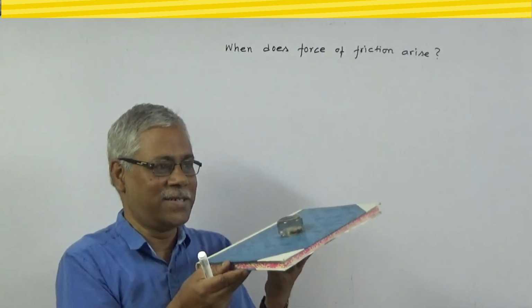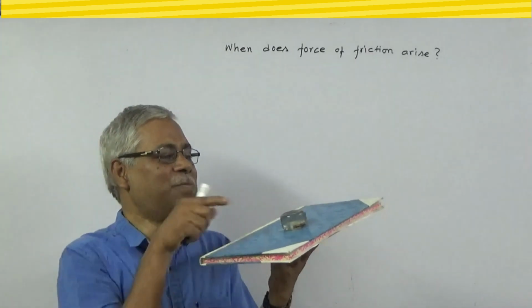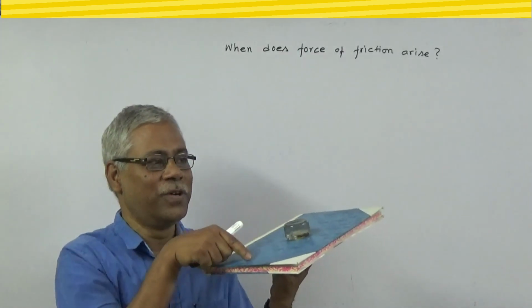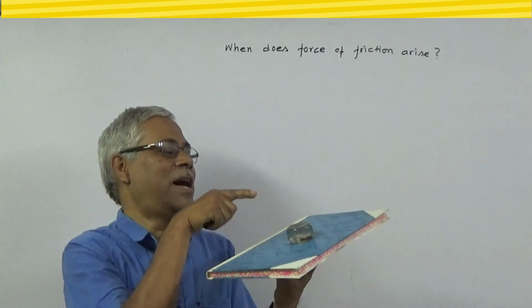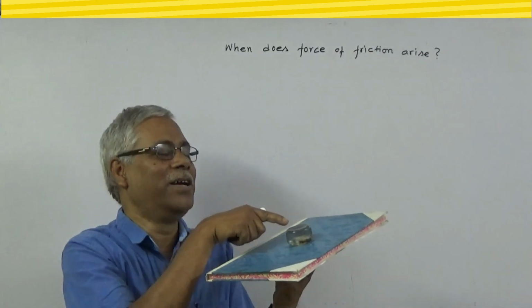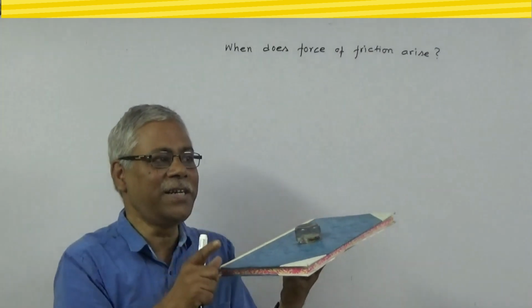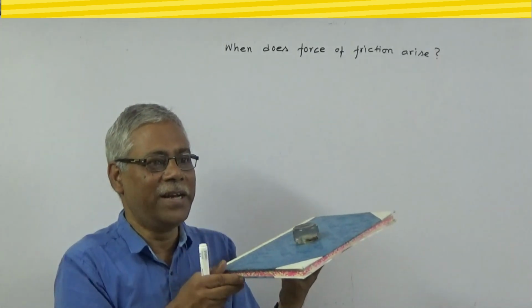As you find in this situation, this body has a tendency to move down the incline, so the frictional force has arisen and it is acting on this body, because there is a tendency of relative motion.